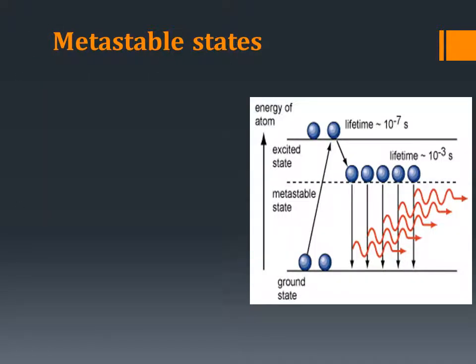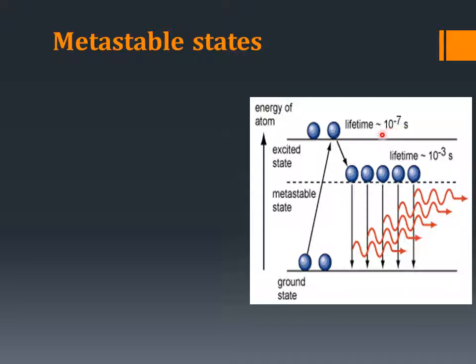An atom present in the lower energy state, or in the ground state, is excited to a higher energy state by means of pumping. In this higher excited state, it remains for a very short period of time, of the order of 10 power minus 7 seconds.